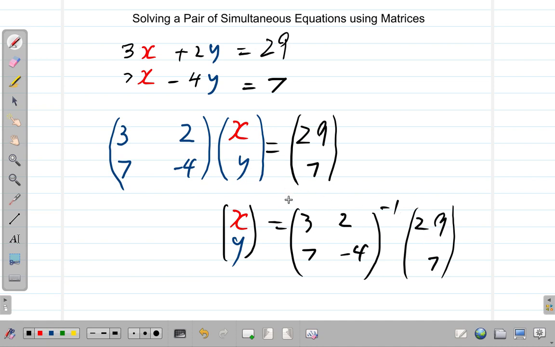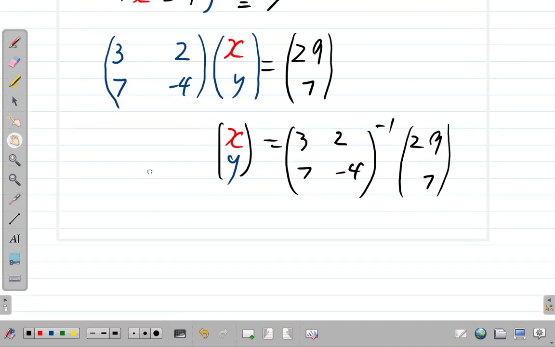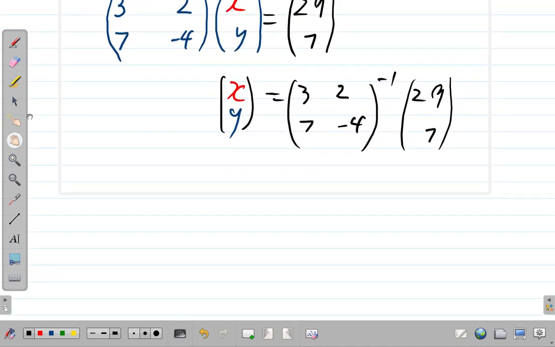Now, in order to find the inverse, what we did was to have 1 over the determinant of this matrix multiplied by, and then we interchange A and D, change the sign of B and C. Remember what that was about.